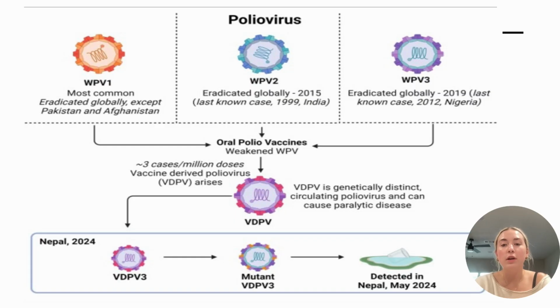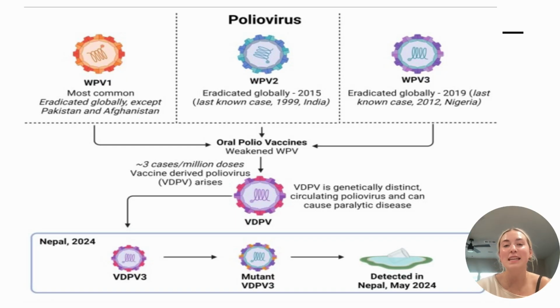The oral polio vaccine contains a weakened live virus, and in some instances, this weakened virus can circulate in under-immunized populations and mutate over time. When it regains the ability to cause paralysis, it becomes circulating vaccine-derived poliovirus, or cVDPV.